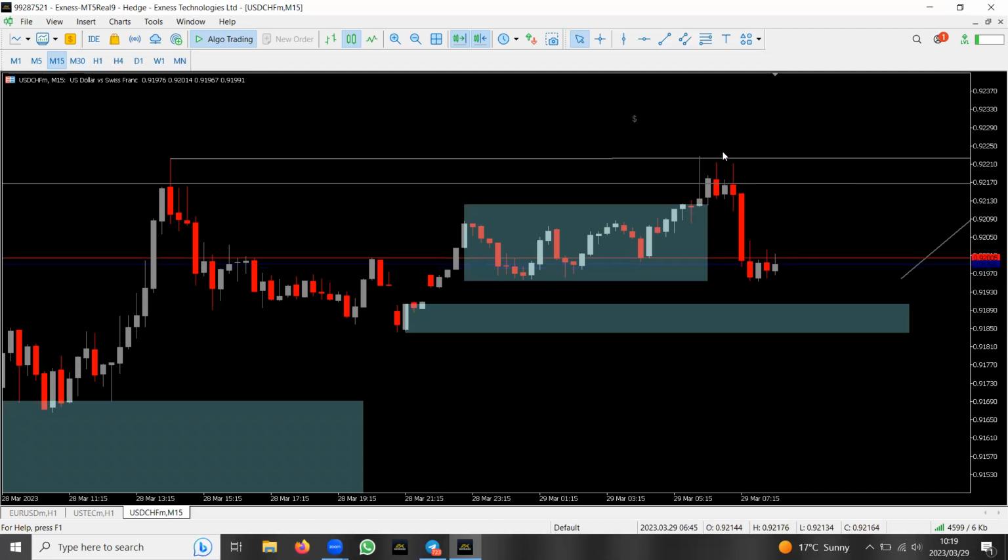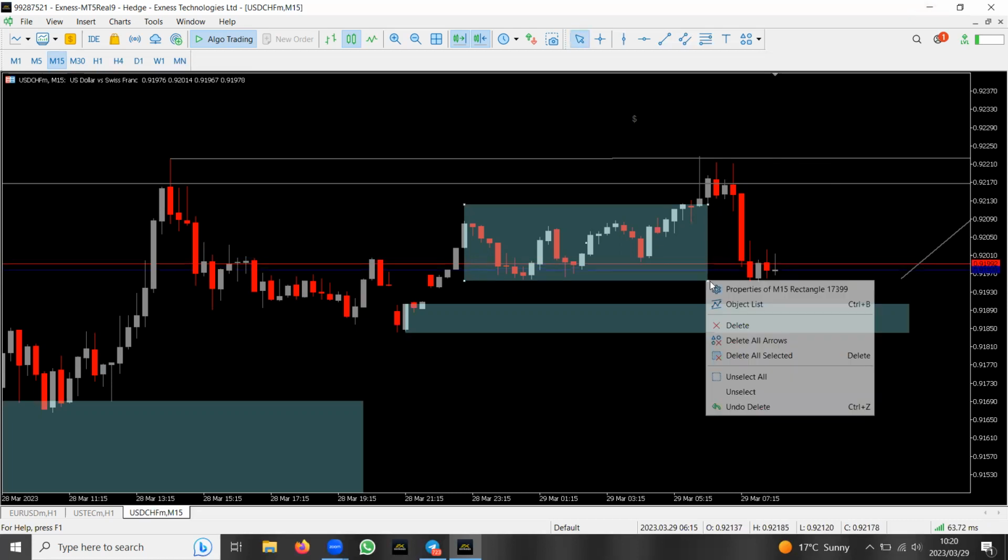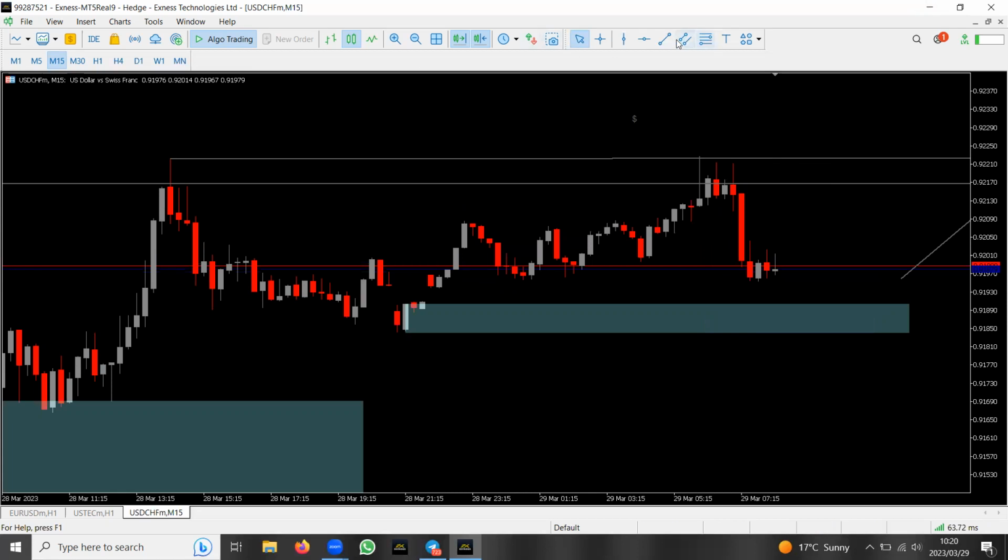You could see it first took out the Asian high, now it's aiming for the Asian low, then it will continue to buy. So this is the Asian range. We're aiming now to take out this side liquidity on 15 minutes. You can see.